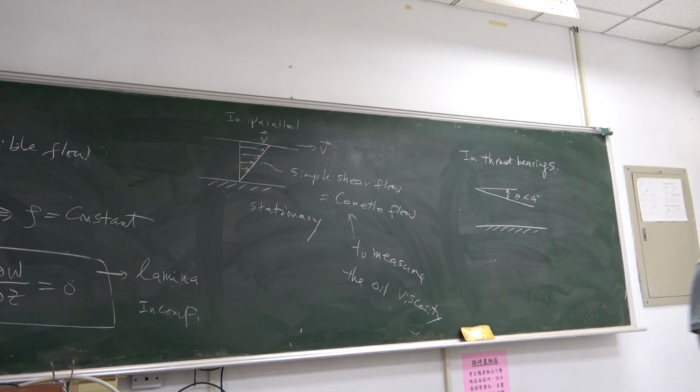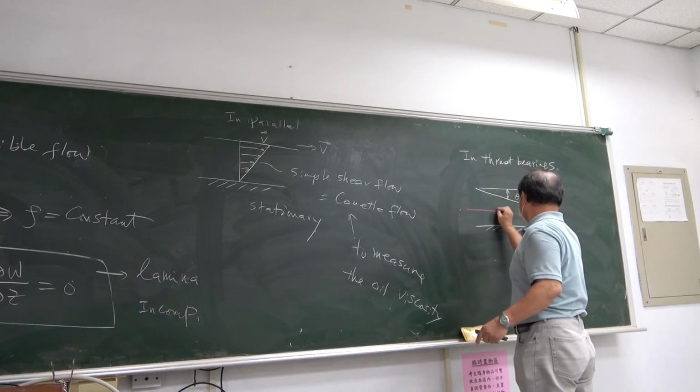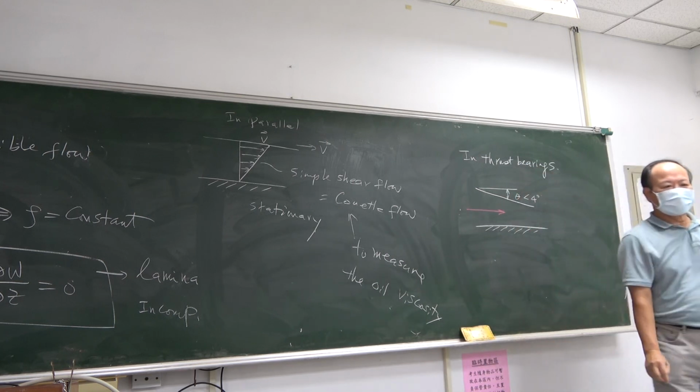They have two kinds of geometry. The flow moves from the left to the right.